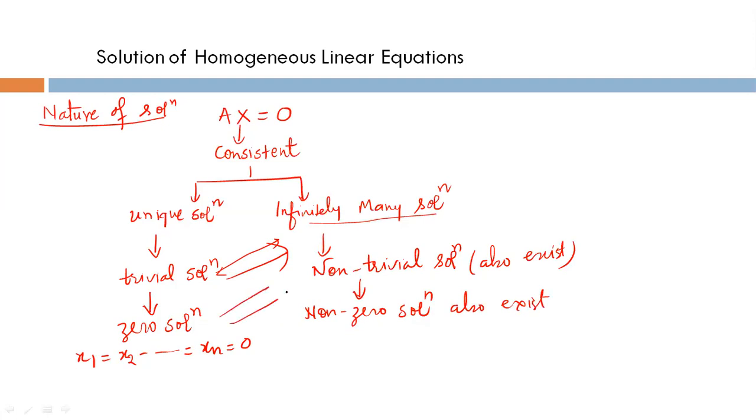Zero solution is also a solution for infinitely many solution, and non-zero solution also exists. Now, how to check the solution is unique or solutions are infinitely many? So we will use the concept of augmented matrix as I have discussed in lecture 8.